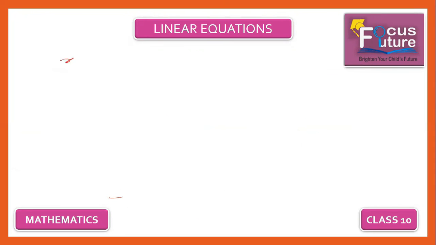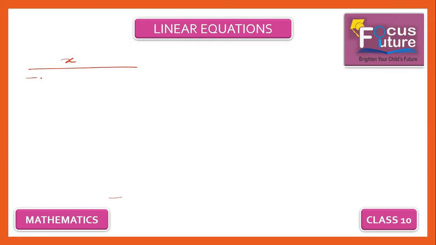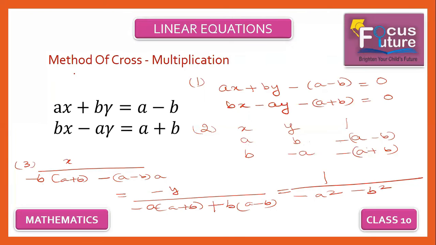Now let us further calculate this. X divided by what? X divided by b. Take b inside. Minus b into a minus ab and minus b square. So this would be minus ab minus b square. And take a inside. So a into a is a square and a into b is ab. So minus ab. And you have one more minus.